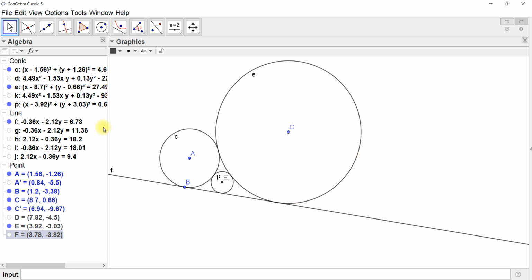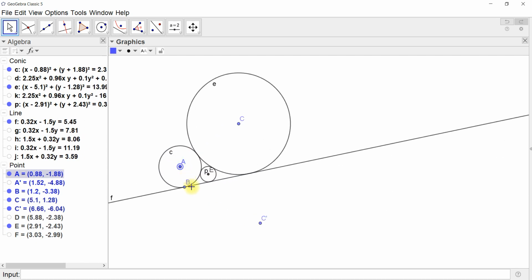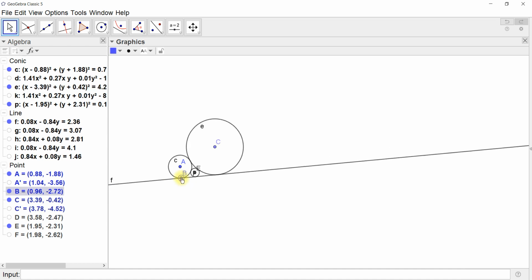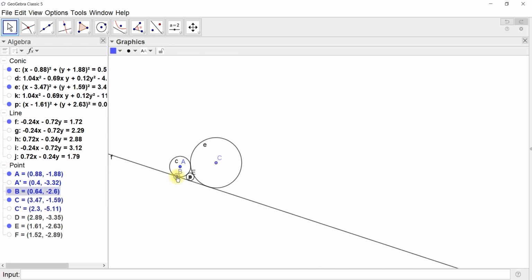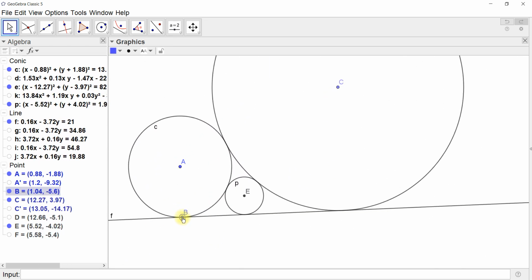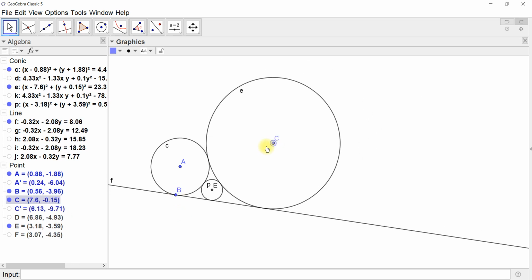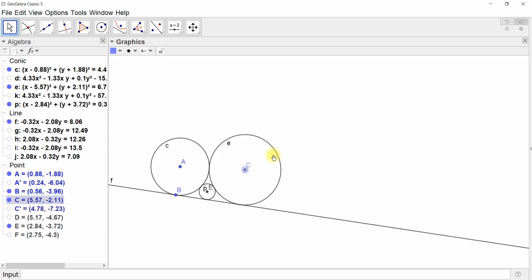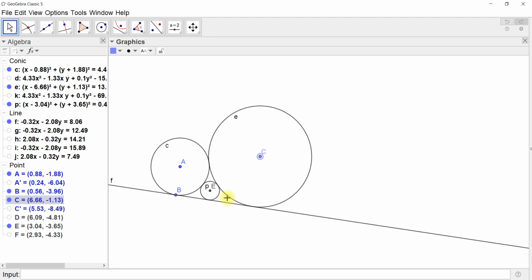All that I'm left with are those three circles. I can get rid of C prime too. I can control the first one any way I want. I can control a little bit of the second one because it has some dependency on the first. And the third one is totally determined by the first two.